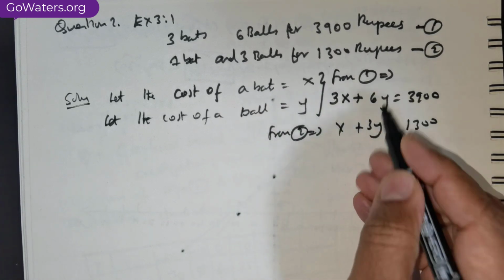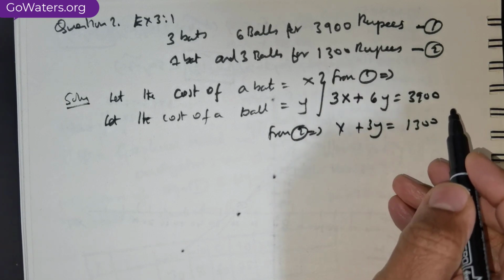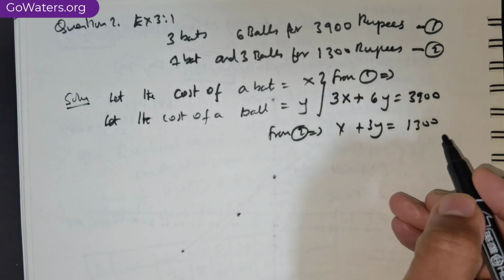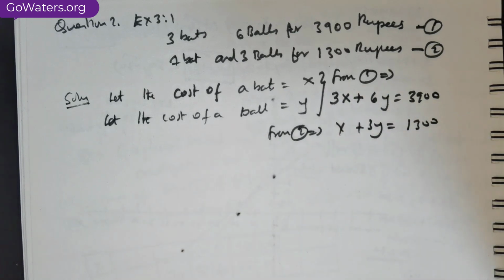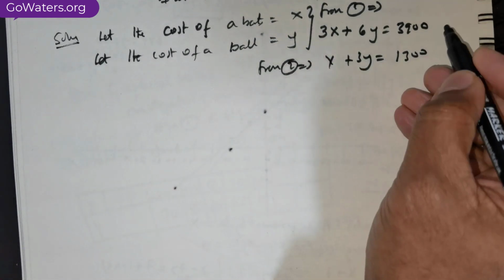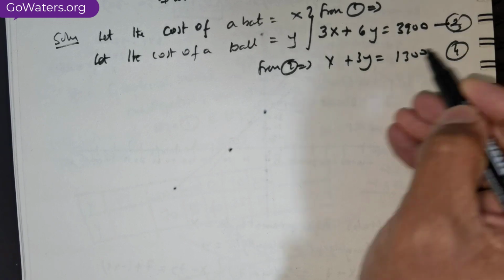So these are the two equations that we have got. The question wants us to represent this algebraically, and this is the solution for that. Now it also wants us to represent this by means of a graph. So let me take this as 3, and this as 4.